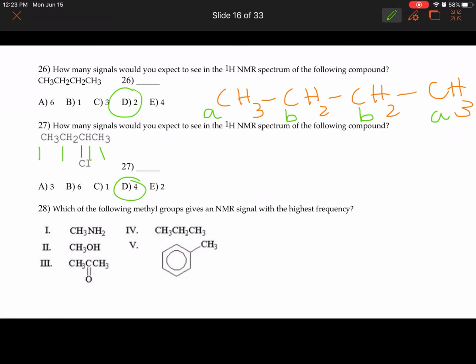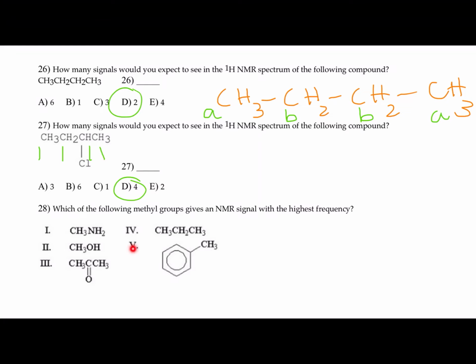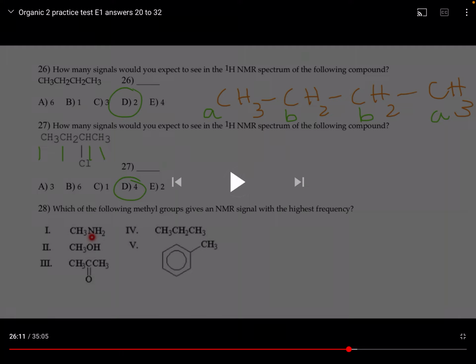So 27, if you look at, there are 4 different signals. Why 4? Because there are 4 different environments, hydrogens on 4 different carbons. Okay. So you see here on 27, the first CH3 would be one environment, and then the CH2 would be another environment, and then the third carbon having a hydrogen and chlorine, that's a different carbon environment.